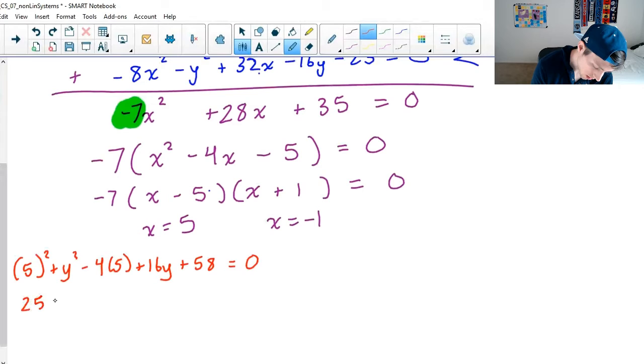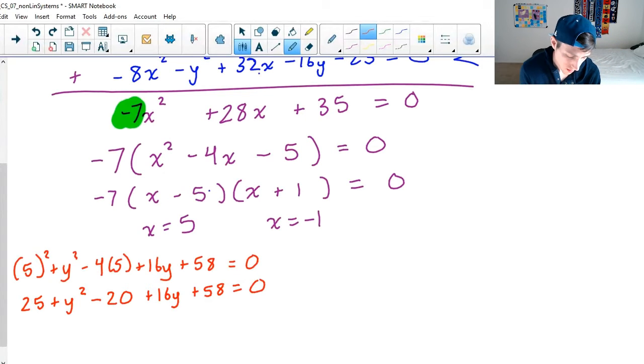Five squared is 25. Negative 4 times 5, negative 20. So I just want to combine some like terms, all of my constants, so the 25, negative 20, and 58.